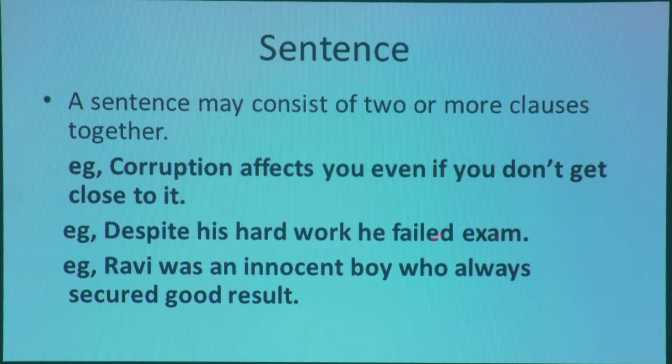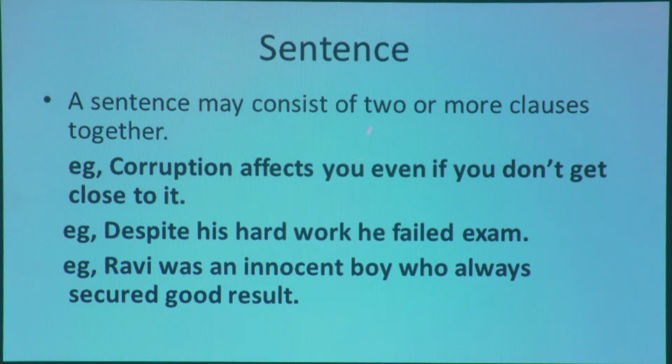He failed the exam, this is another. Ravi was an innocent boy. This is an independent clause. Okay, it can be one sentence as well. Who always secured good results, this is another clause. Okay, in this way, there are two different clauses in a sentence.